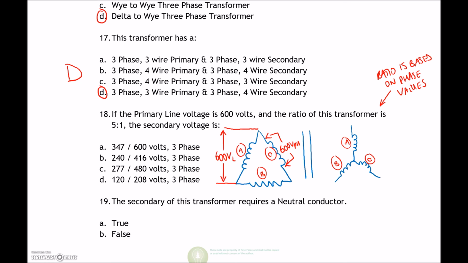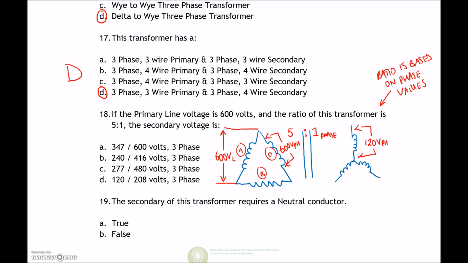Okay, so let's take a look at our voltages now. If we have a ratio of 5 to 1, that means it's a step-down transformer. And here for our secondary phase voltage, it'll be 600 divided by 5. And that ends up giving us 120. So the ratio is on the phase, right? We have a ratio of 5 to 1 on the phase.